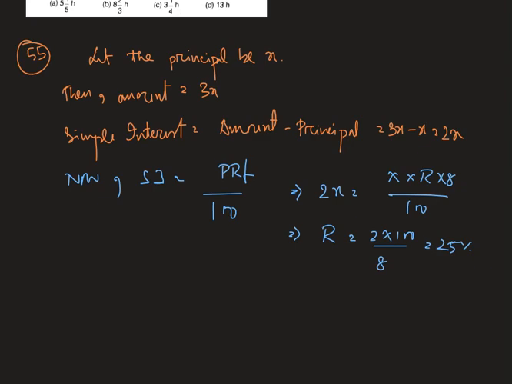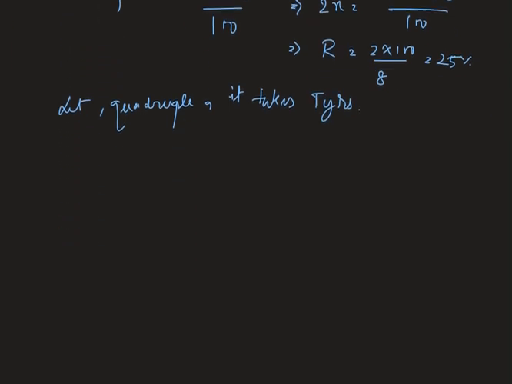Now let quadruple take t years. Here the amount is 4x, principal amount is x, then SI is 4x minus x, which is equal to 3x.